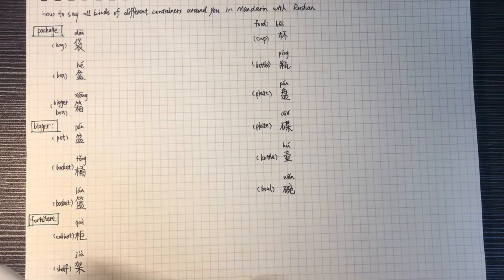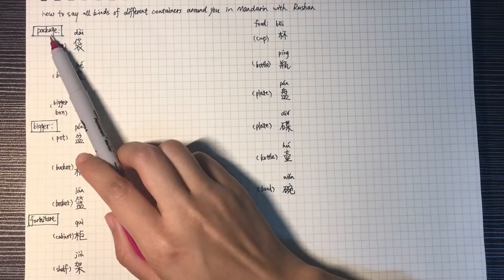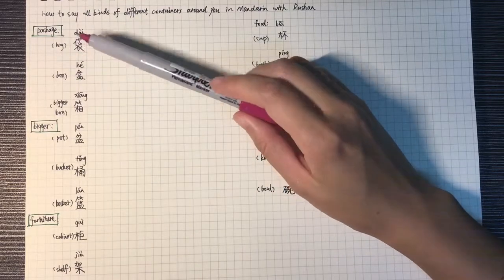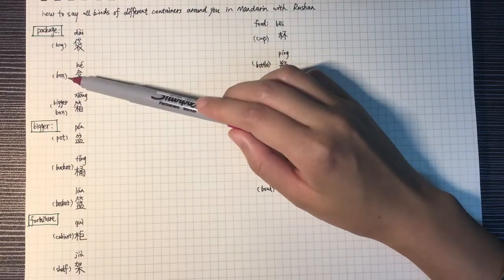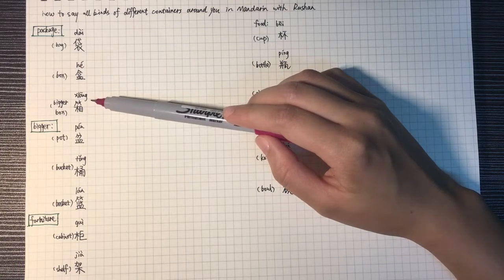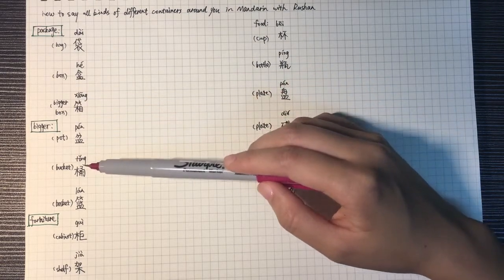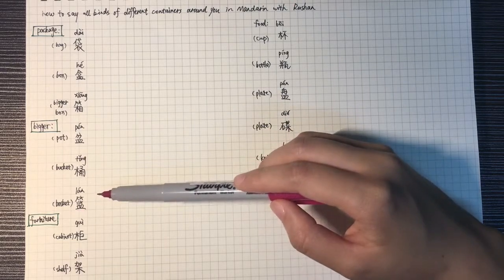Let's do a recap. For containers about packaging, we have a bag, 袋, box, 盒, and a bigger box, 箱. For bigger containers, we have a pot, 盆, a bucket, 桶, and a basket, 篮.